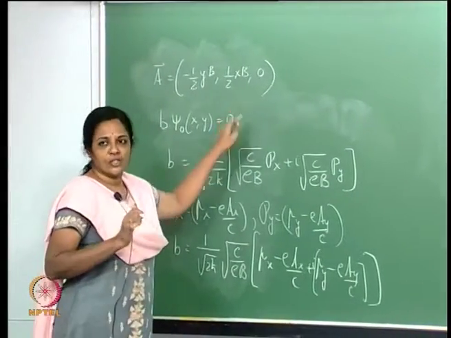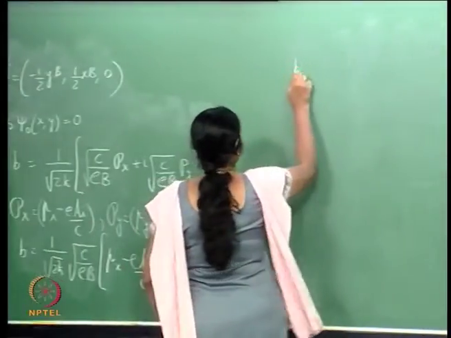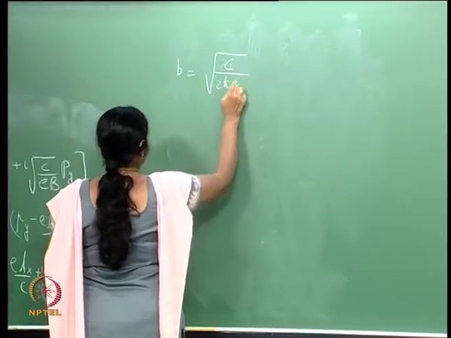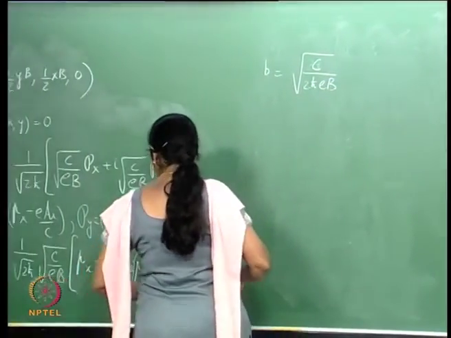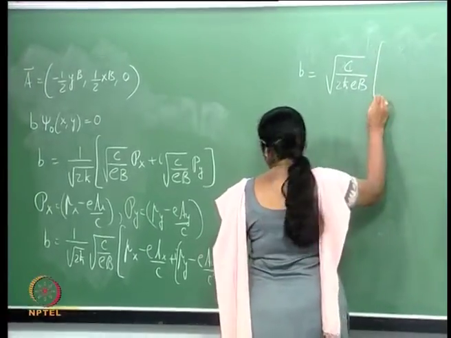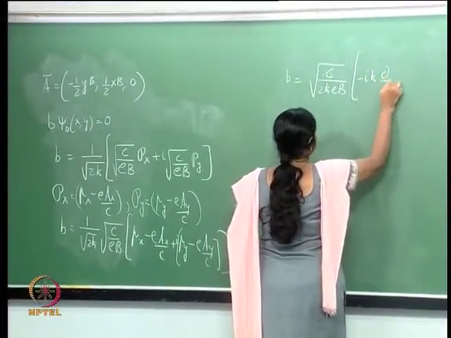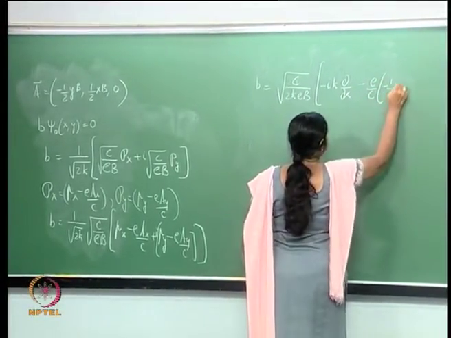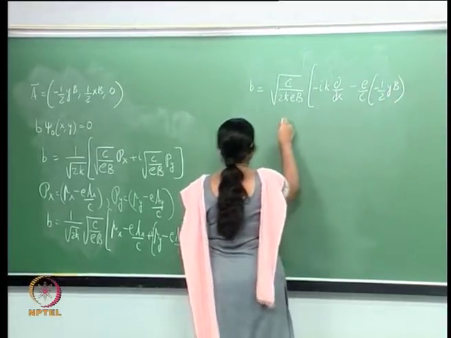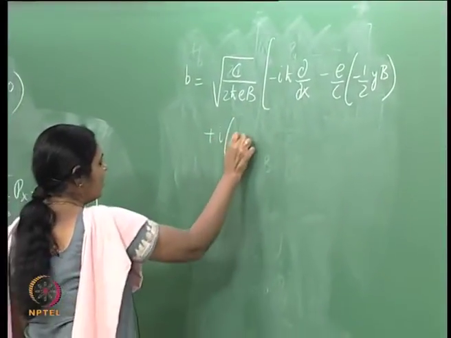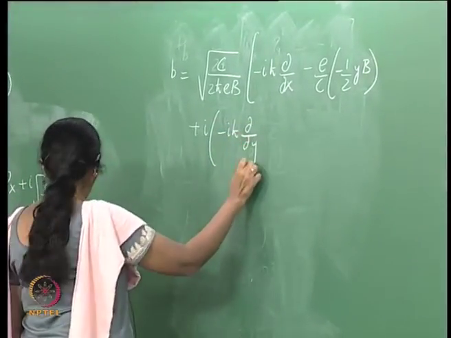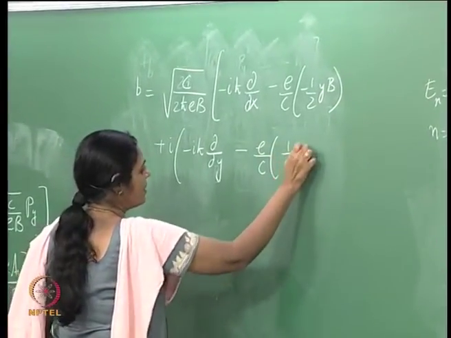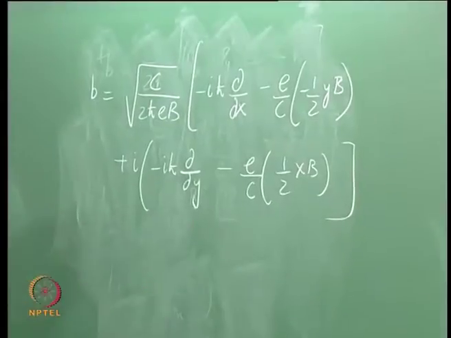In other words, we are using a specific gauge now, and therefore B would simply be √(c/2ħ eB) times minus iħ ∂/∂x minus e/c, Ax is minus half yB, plus i times minus iħ ∂/∂y for Py minus e/c half xB for Ay. So this is what we have.